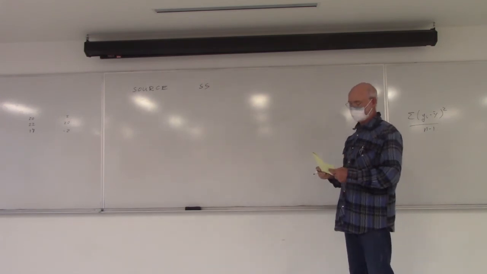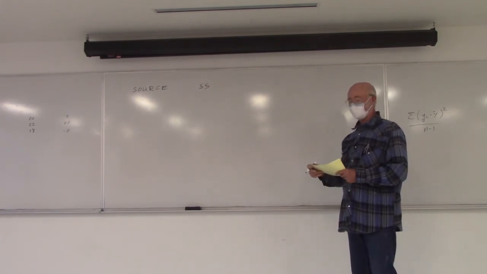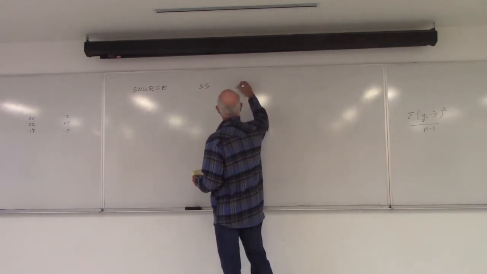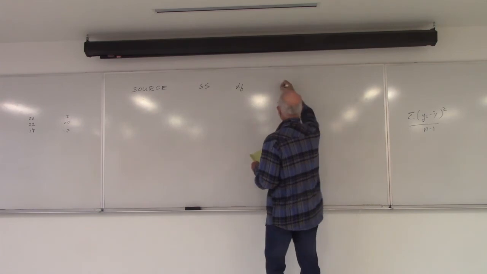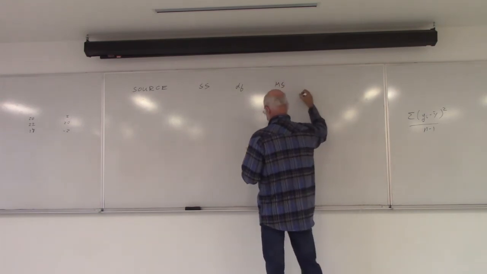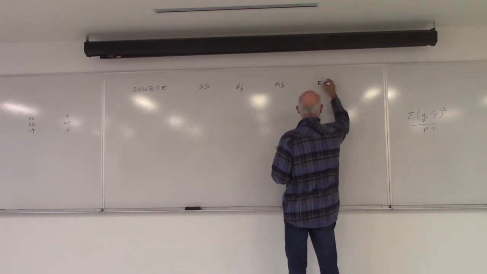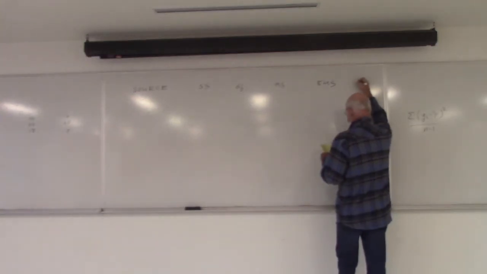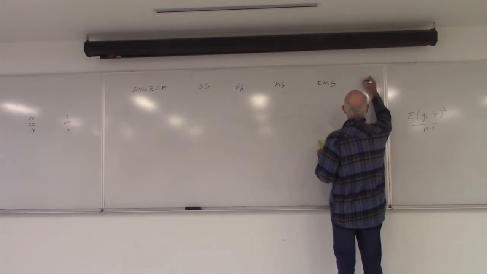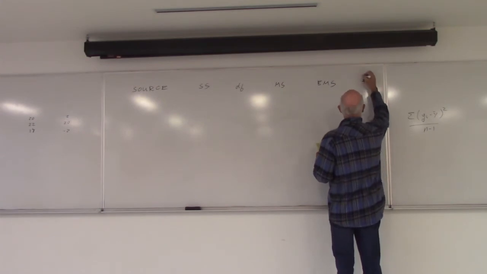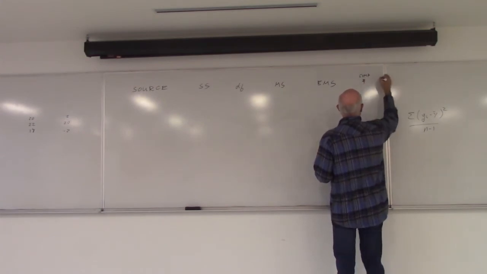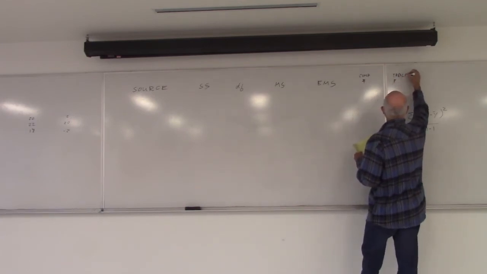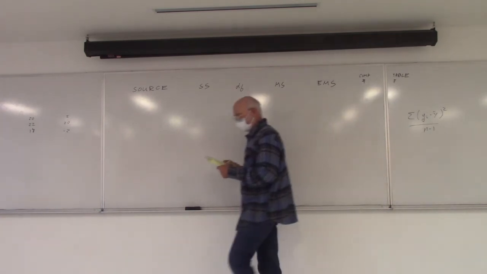It's not a reference to the new white supremacist movement. It stands for sum of squares. DF, which stands for degrees of freedom. MS. EMS, emergency medical services, which is what you'll need. No, not. It stands for expected mean squares. And then F, computed F, and then F table. Okay?